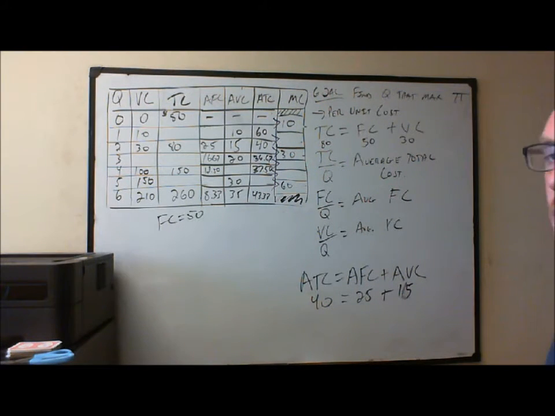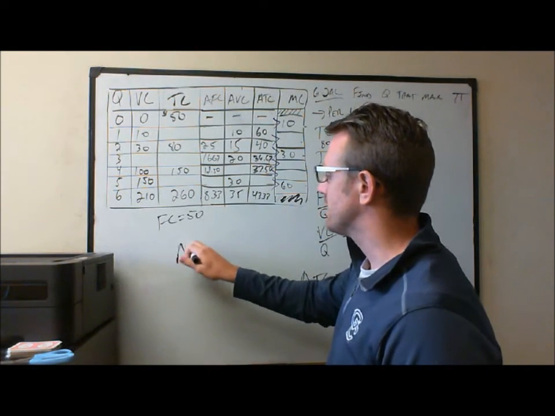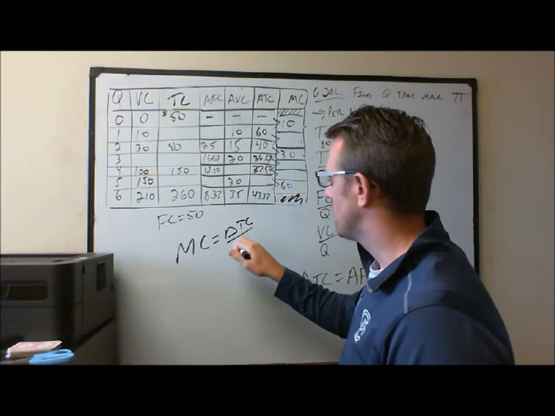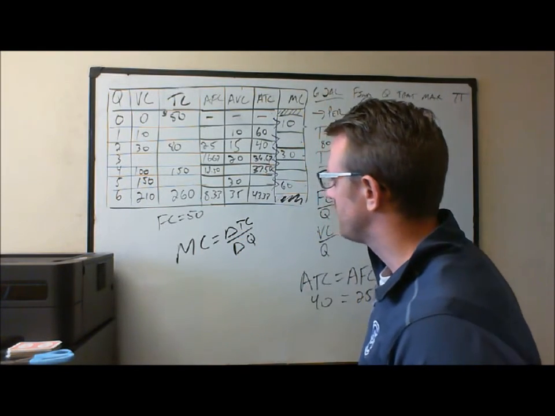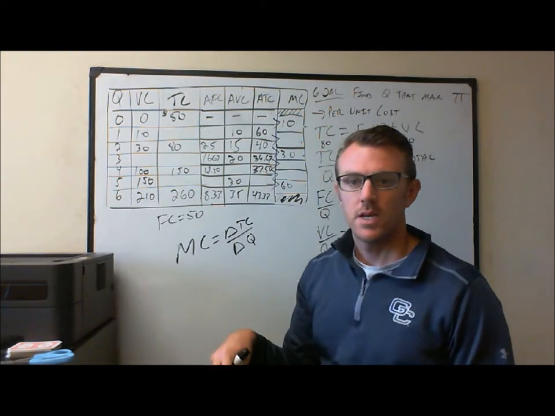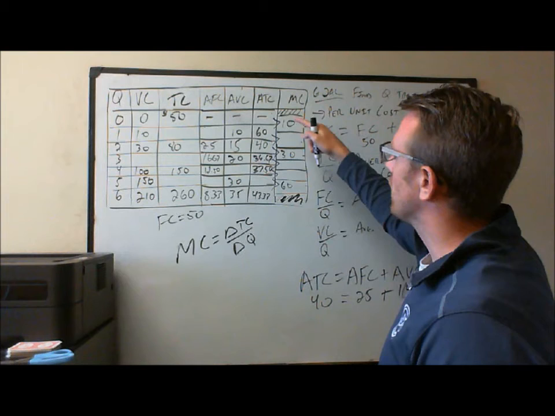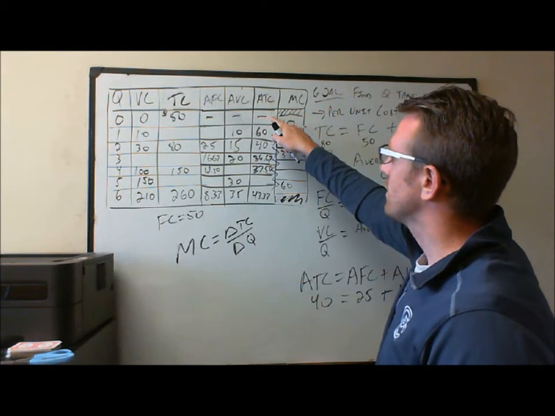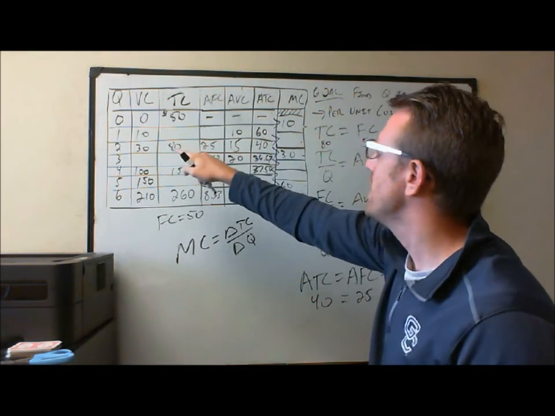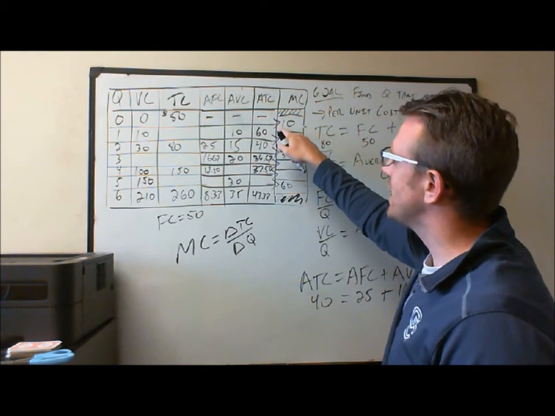Cool. The only other per unit cost measure we have is, again, marginal cost, which is change in total cost over change in quantity. So it tells us how much total cost changes when we produce 1 more unit. Here, we went from producing nothing and having a total cost of 50 to producing 1 and adding 10.